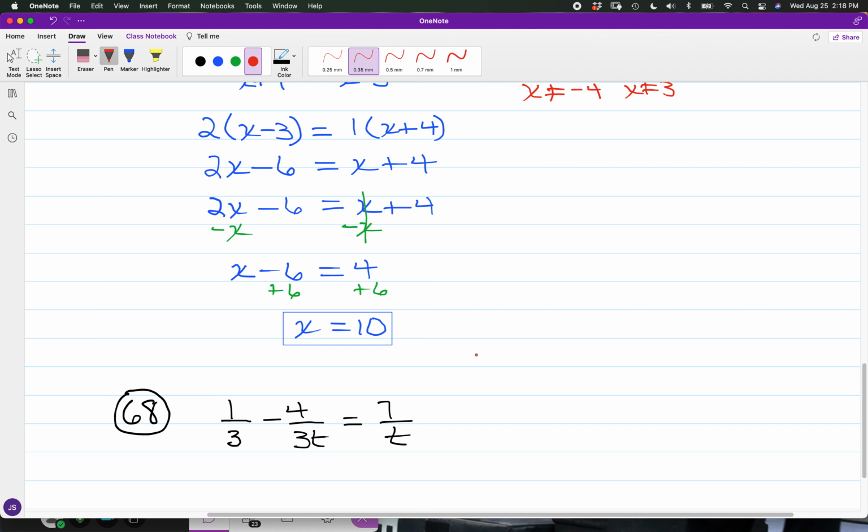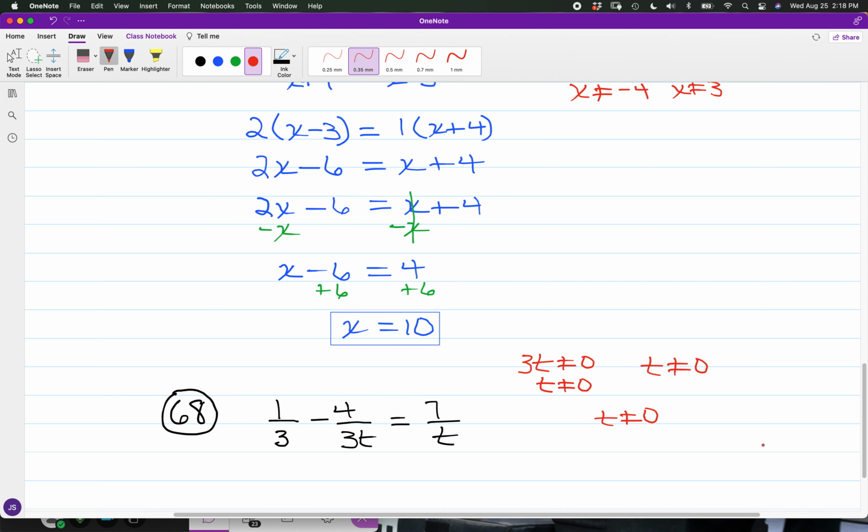Okay, so we have 3t. First of all, 3t cannot be 0, and if 3 times t cannot be 0, well, t cannot be 0. And the other existence of t is just a standalone variable. Again, we have one restricted value, and it's just that t cannot be 0.